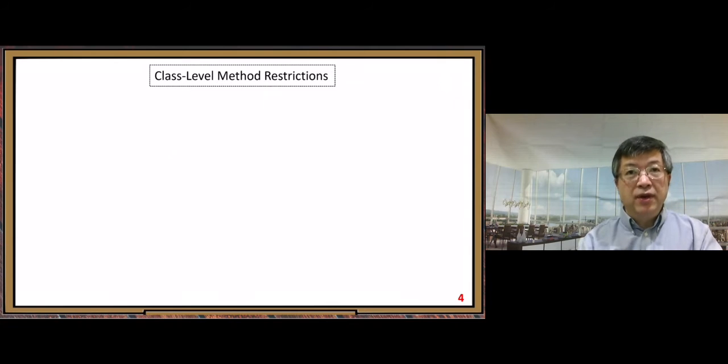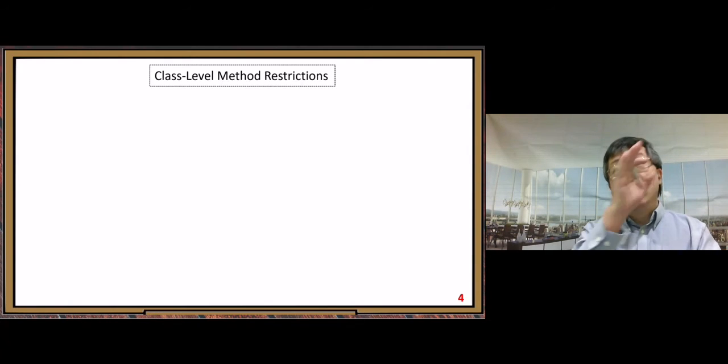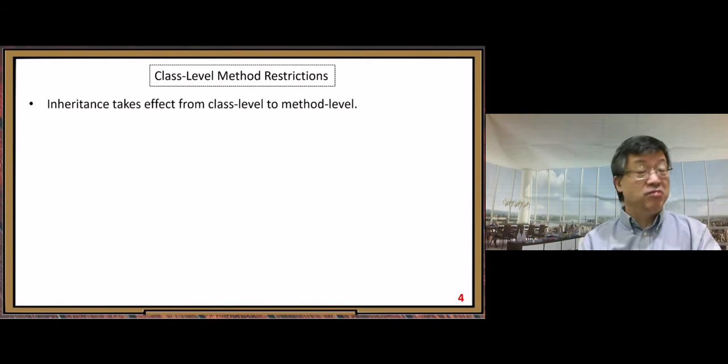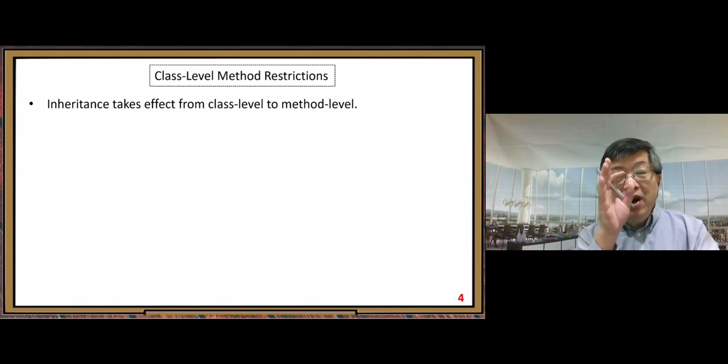Class level method restriction. At class level, the controller level, we can also put restrictions. If we do not specify a method restriction, any method can call this controller, but now we can put the method restriction. Let me show you the example, very straightforward. Class level, method level, similar logic.